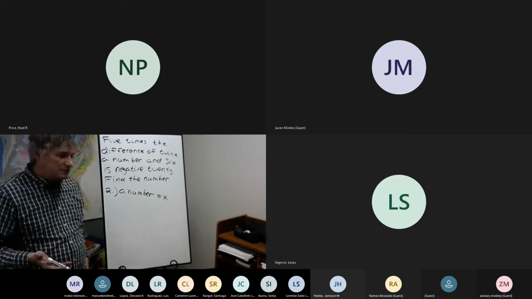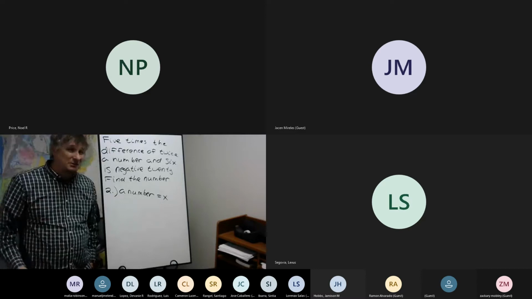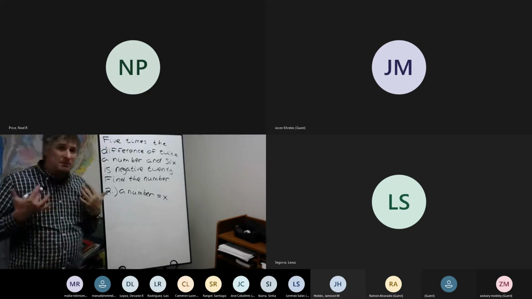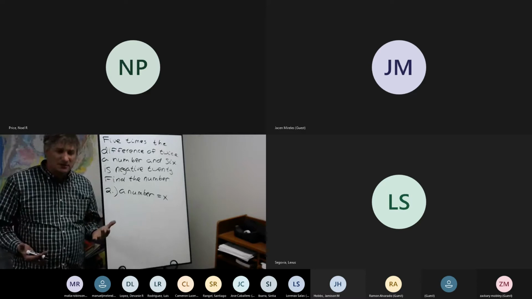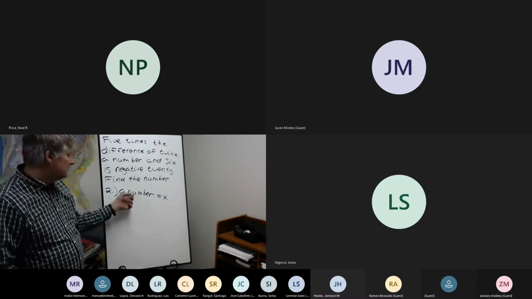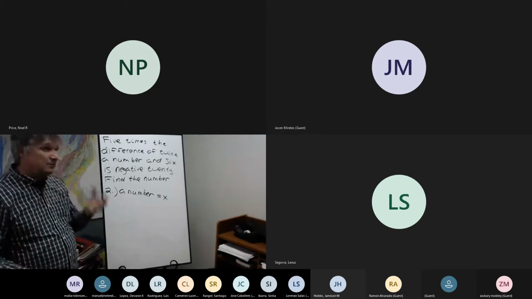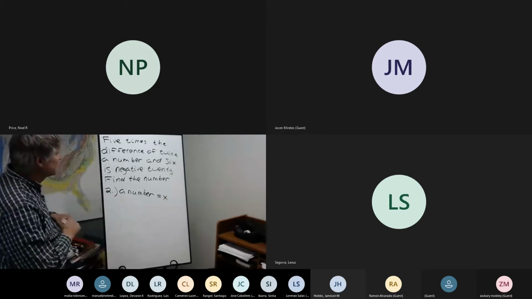Now, what we can do in step 2 is we can start translating. So we've figured out the numbers that are known and the number that's not known. We understood that in step 1, and then in step 2, we take this unknown number, we call it x. So we're actually starting to translate.